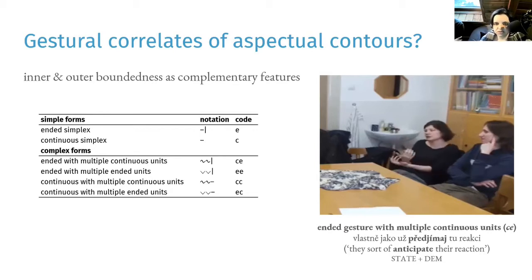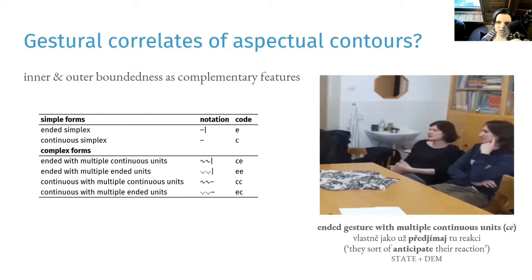Let's have a look at two examples supporting the idea of complex gesture contours aligning with the event structure. In the first example on this slide, the Czech speaker expresses verbally that they sort of anticipate their reaction. The anticipation refers to a mental activity, and the speaker expresses a complex gestural phrase of the type CE, which is continuous on the inner structure and ended at the end in terms of outer boundedness.